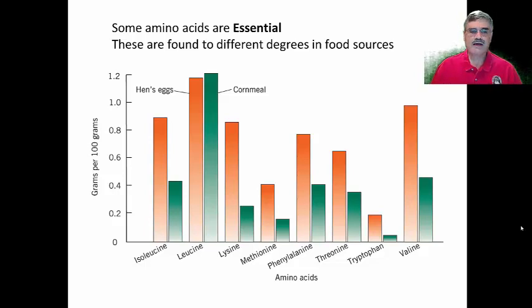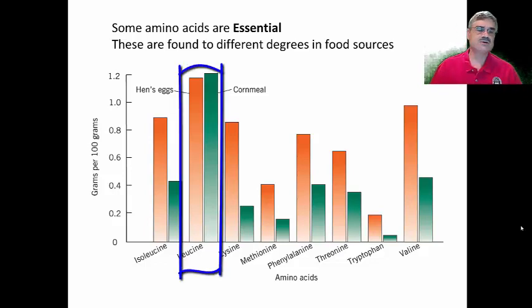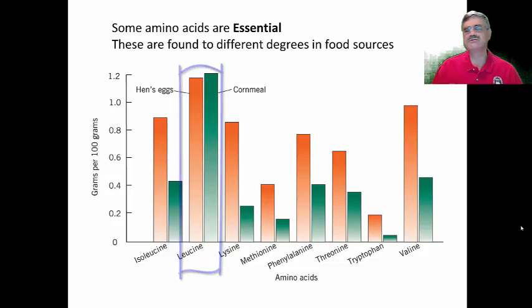And this bar graph compares the availability of certain amino acids in eggs, hen eggs, and cornmeal, a dairy product and a grain. And it shows that in some cases, if we look for the amino acid leucine, we have about the same amount of leucine in eggs and in cornmeal.